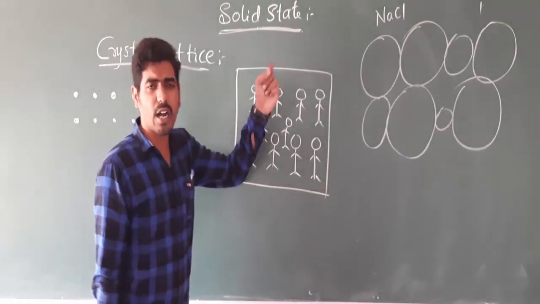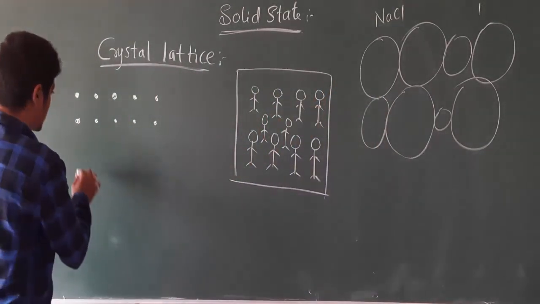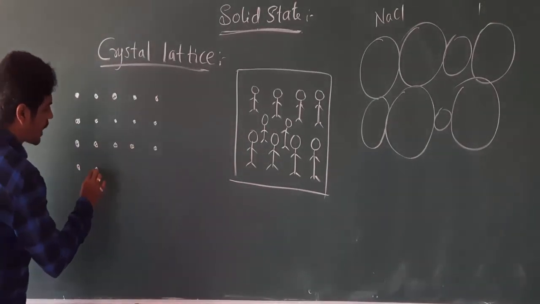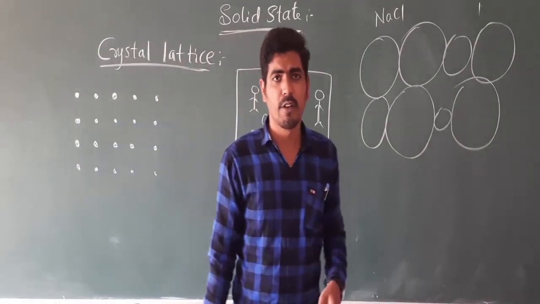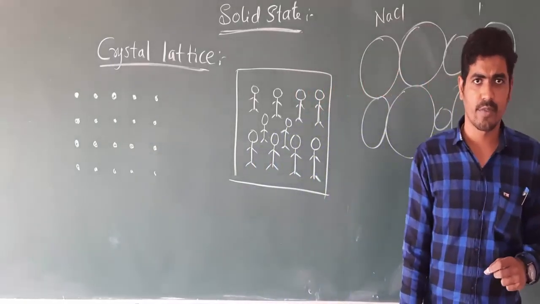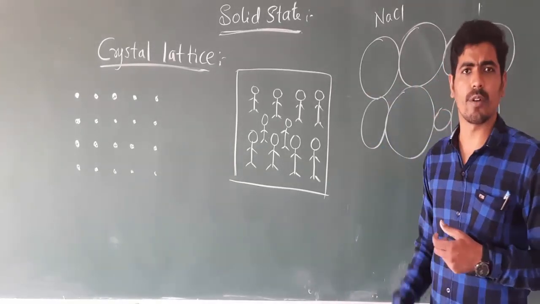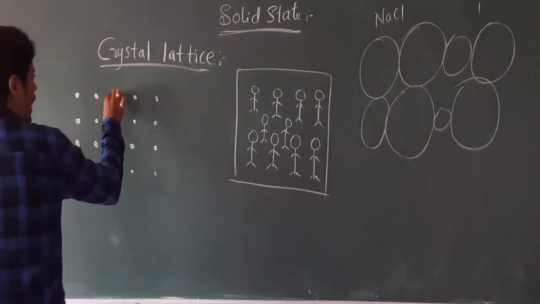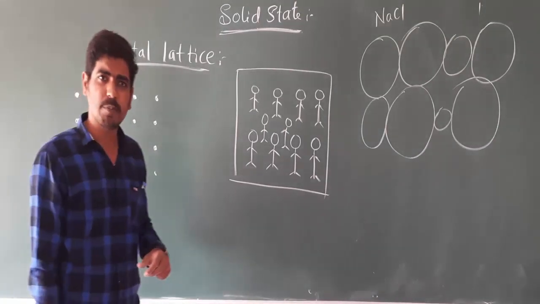And the ions or atoms or molecules which constitute those solids will be represented by simple points. Okay, and these points are arranged in a regular manner in three-dimensional space, because the crystals have a three-dimensional structure. We cannot represent those three-dimensional structures on the board, and to represent them we will use points, and those points are arranged in a regular manner in three-dimensional space.